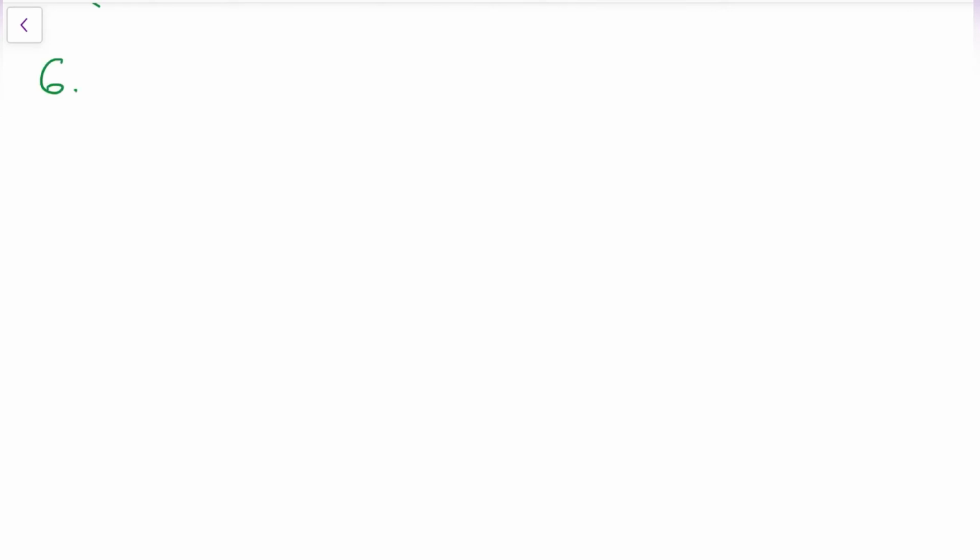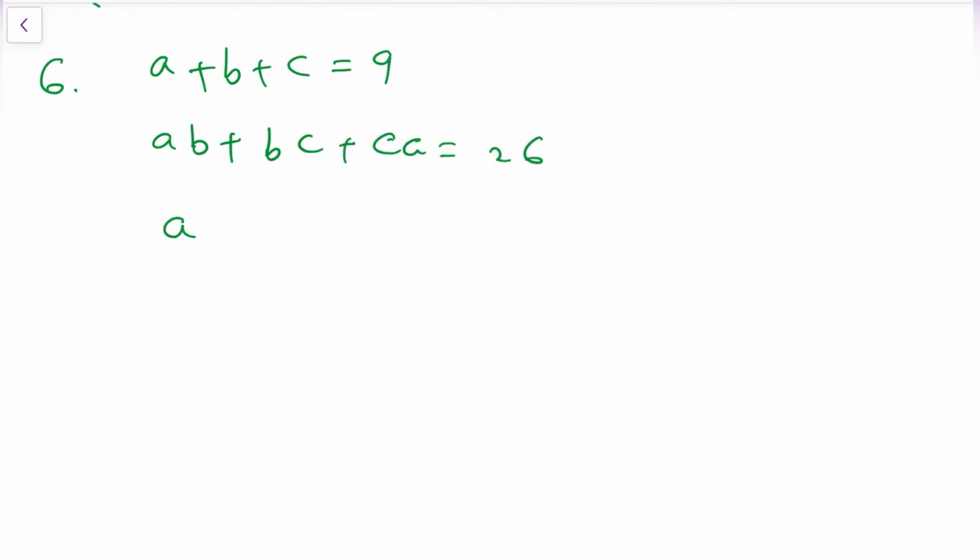In the bit number 6, he gave if a plus b plus c is equals to 9 and ab plus bc plus ca is equals to 26, then find the value of a square plus b square plus c square. Now if we observe all these, clearly we can get to know that it is related to formula a plus b plus c whole square is equals to a square plus b square plus c square plus 2ab plus 2bc plus 2ca.